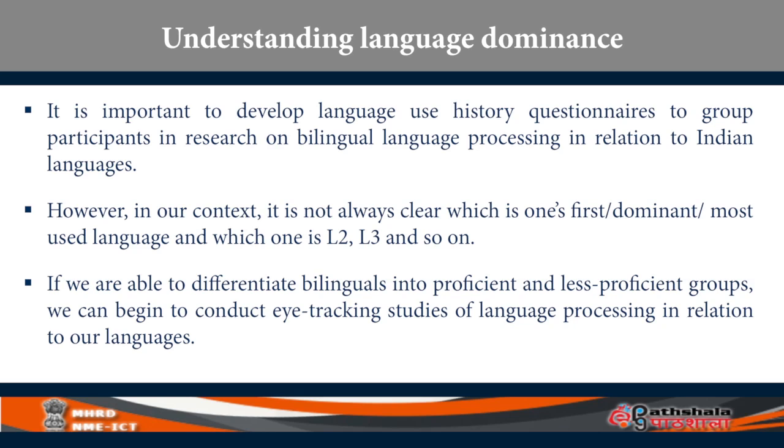That is one of the major challenges that cross-linguistic research has shown: to come up with tests to differentiate bi and multilinguals into proficient and less proficient users of those languages, and conduct online experiments to see how fast they can grasp meanings.